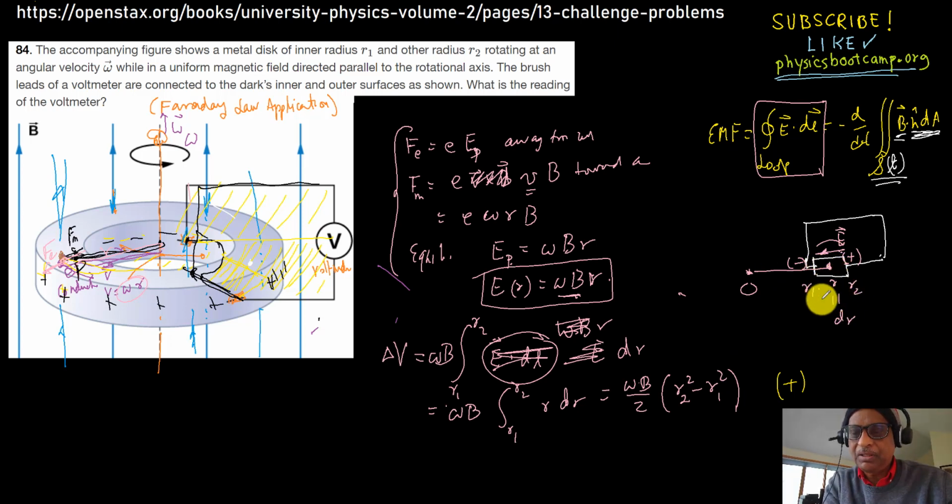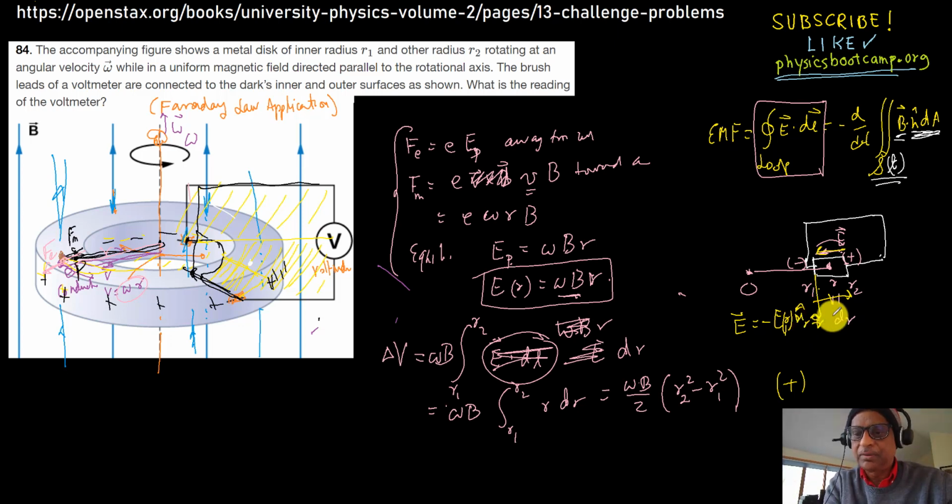So I'm integrating from R1 to R2, so this is r hat dr. So this is in this direction, and E is going inward, so it's minus E r hat.